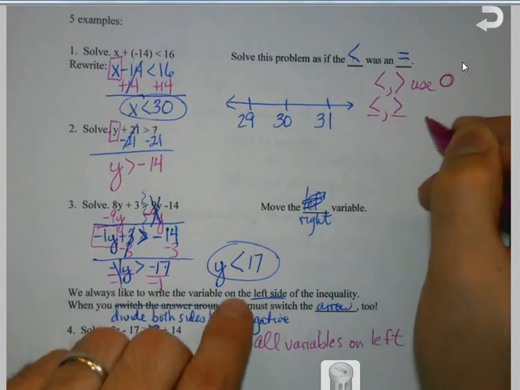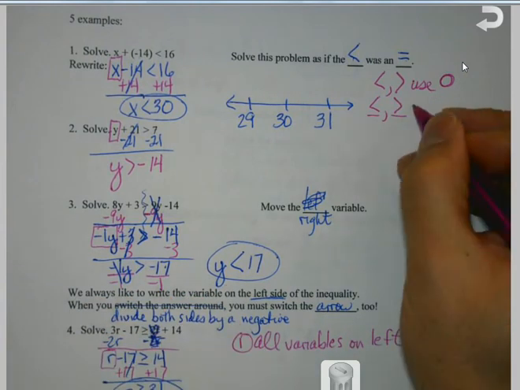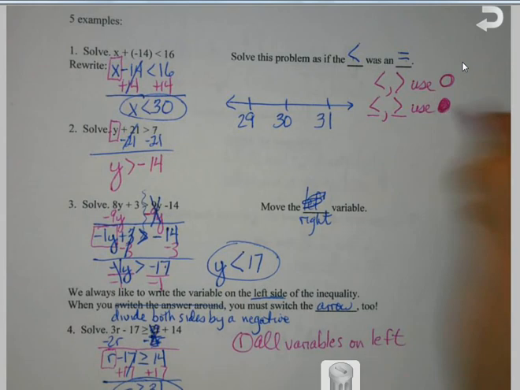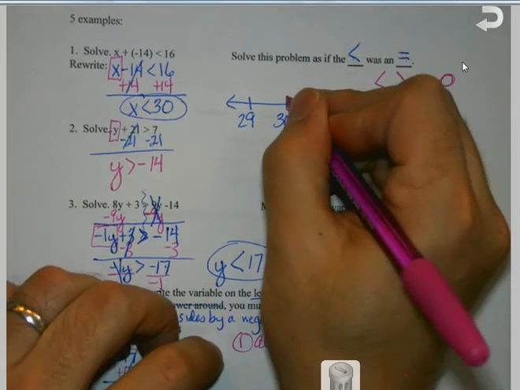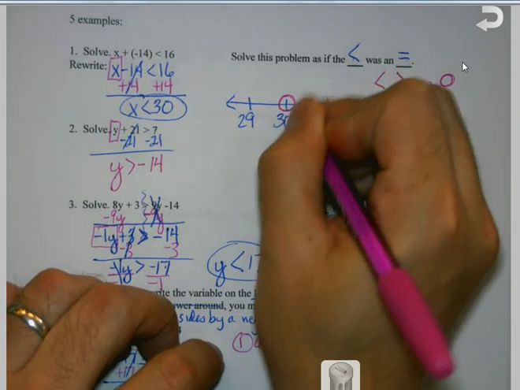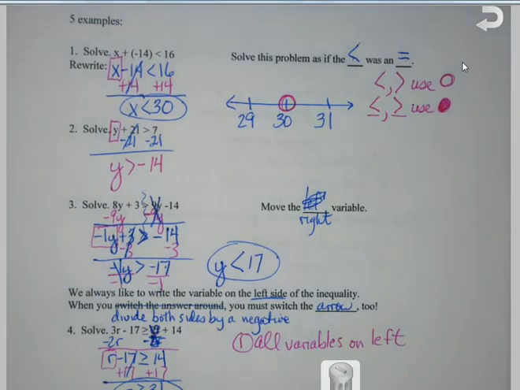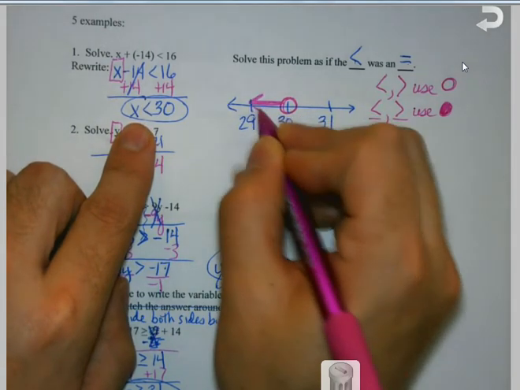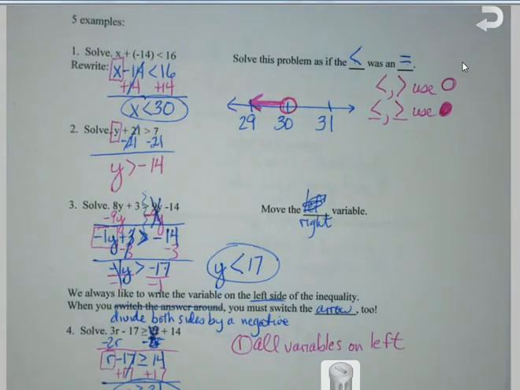If our arrow has a line under it, we're going to use a colored dot to signify it. So on this first one, I'm going to have an open dot here on 30, and then just follow the arrow to put it on your sheet. And head to the left.